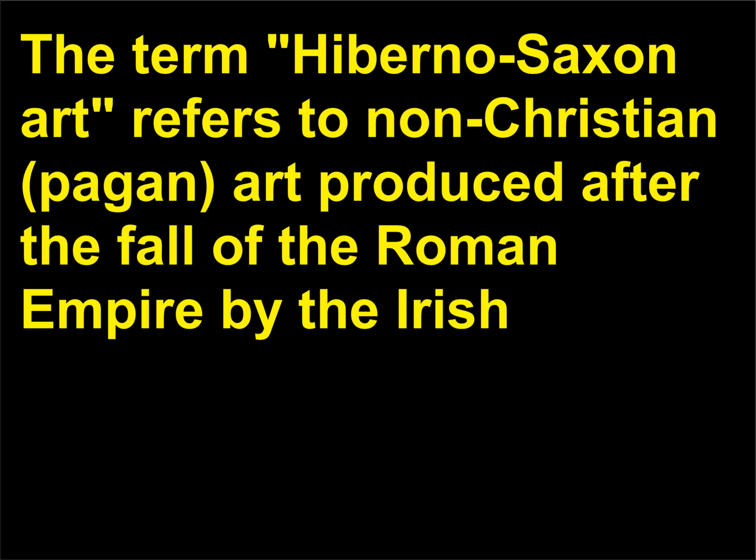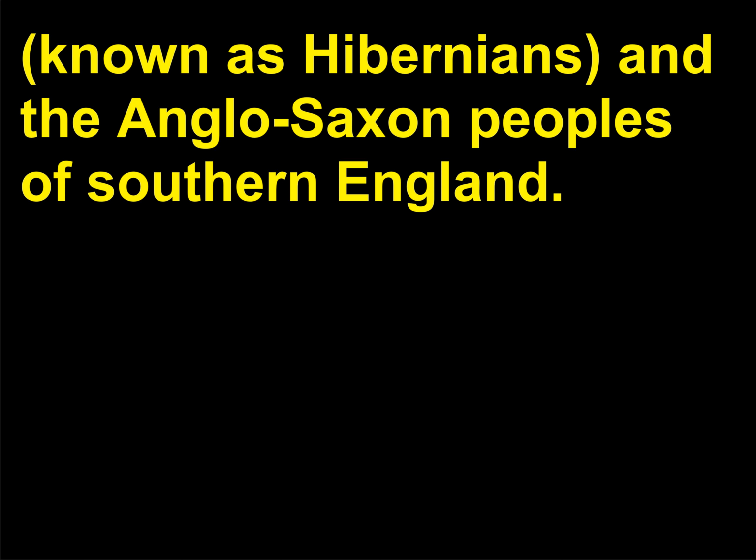The term Hiberno-Saxon art refers to non-Christian, pagan, art produced after the fall of the Roman Empire by the Irish, known as Hibernians, and the Anglo-Saxon peoples of southern England.